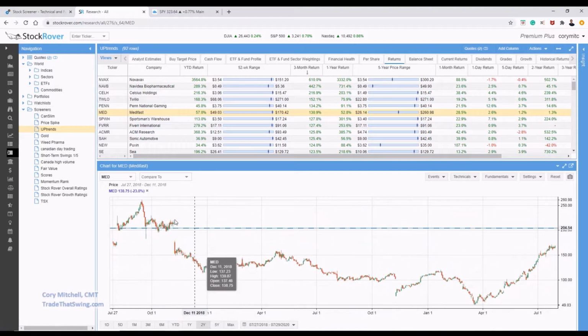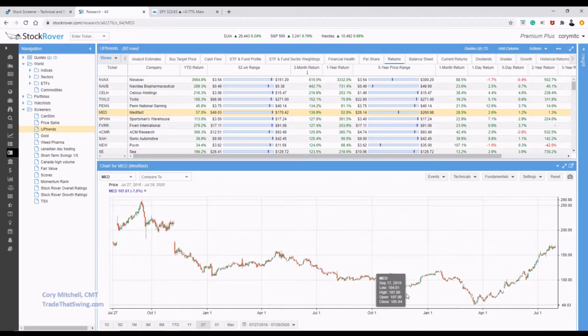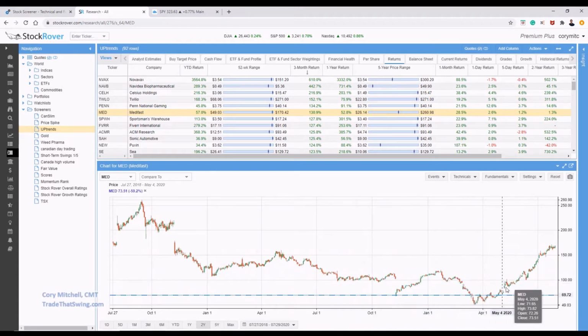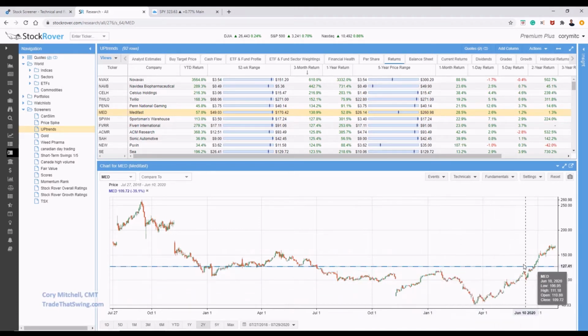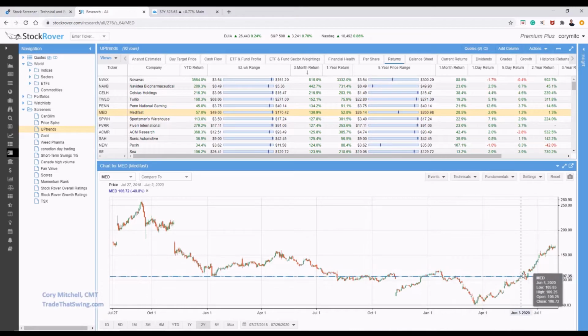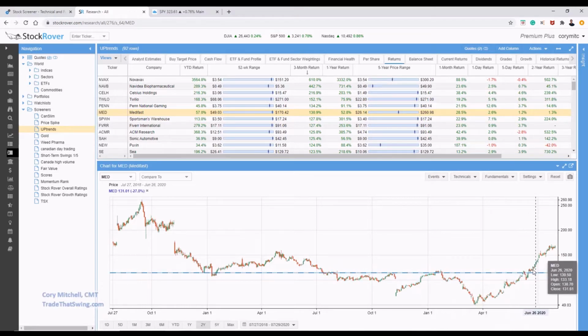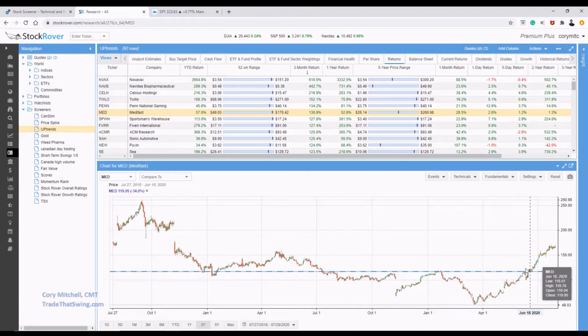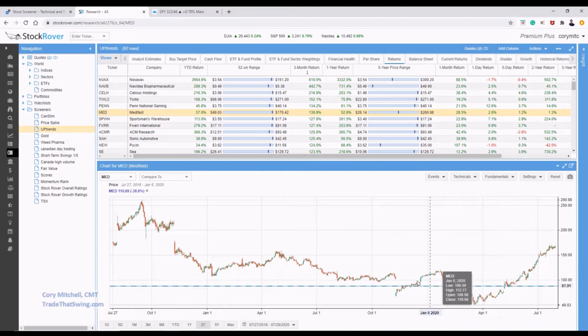This is what I call a technical turnaround. It was in a downtrend, but we have this cup and handle coming into this point here. We have a little shakeout here, moves into a tight consolidation, breaks out. So this would be an at the cup because the handle's forming right at the top of the cup.